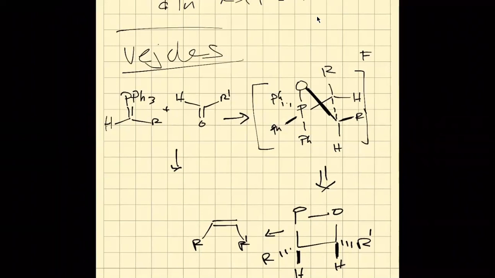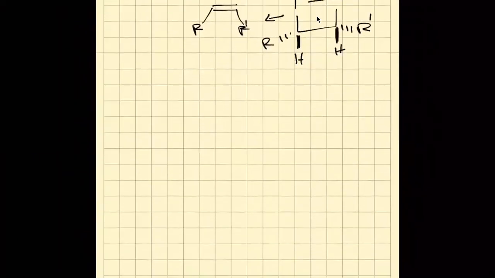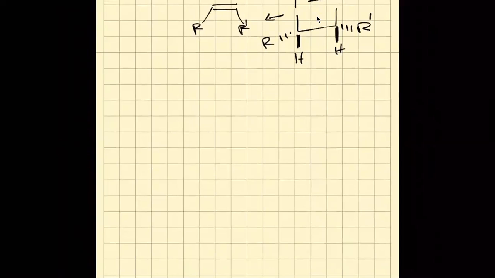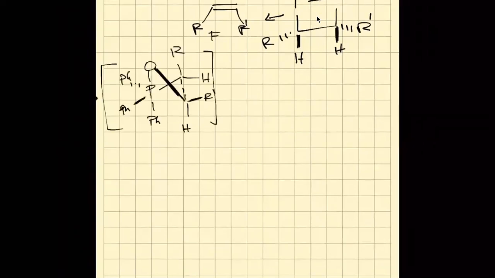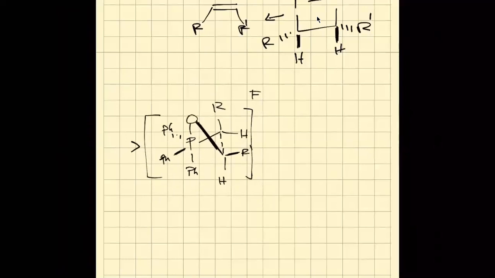I'm going to cheat and copy this. So give me 1 second. The other transition state is going to look like this. I'm going to label this as TS1, and that'll give you the cis alkene, and then in TS2, right?